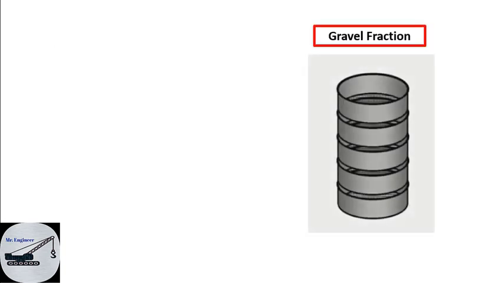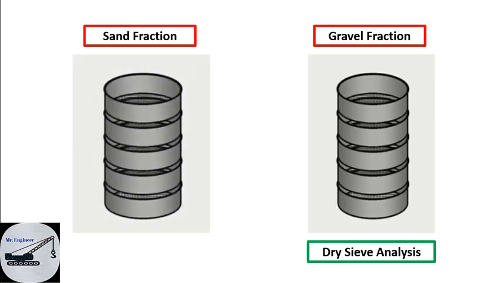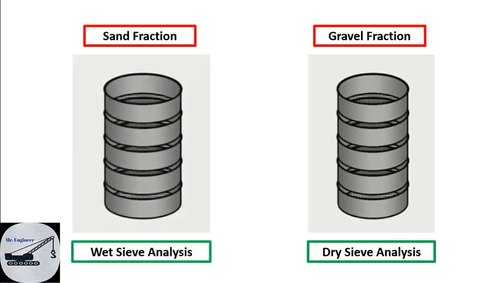For sieve analysis of our sample, we need two sets of sieves, one for the gravel fraction. Using these sieves, we will do dry sieve analysis. The other set is for the sand fraction. Using these sieves, we will perform wet sieve analysis.